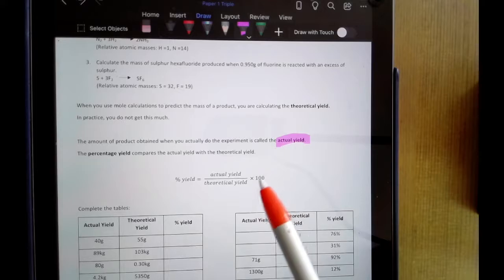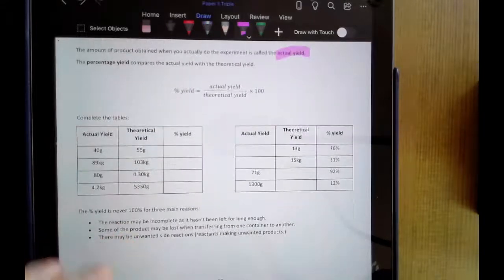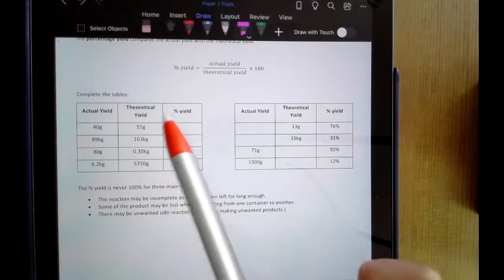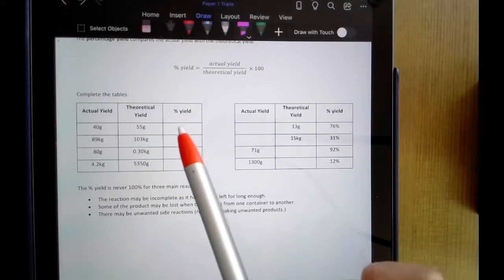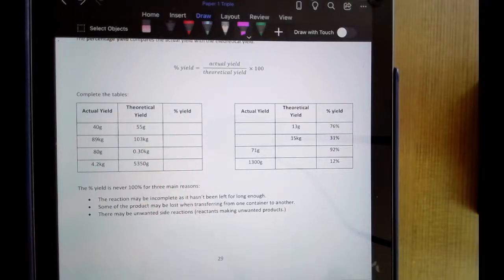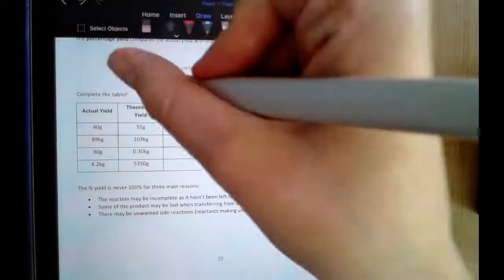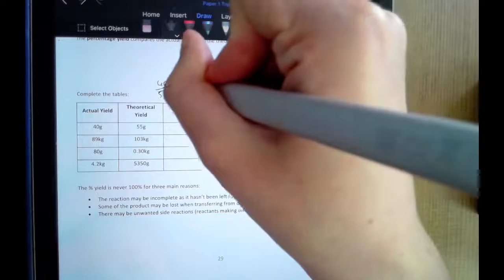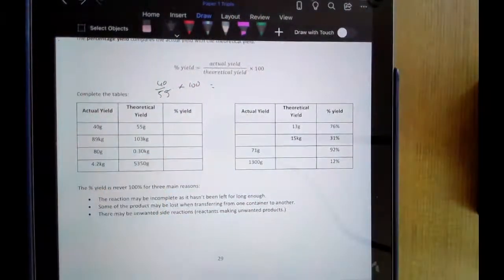Actual divided by theoretical multiplied by 100. So I've given you this table here, where I've given you the actual and I've given you the theoretical, and I want you to find the percentage yield yourself. So if I were to do the first one for you, it's just going to be 40 over 55 multiplied by 100, and then you fill in your percentage yield.